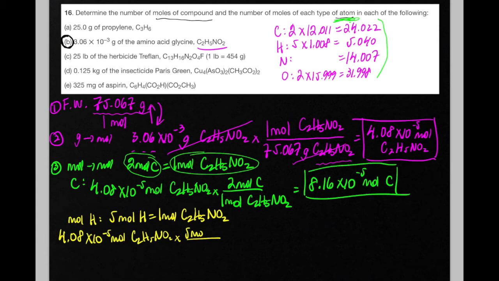Okay, and we want to position the 5 moles of H on top and 1 mole of the C2H5NO2 on the bottom. Okay, so 4.08 times 10 to the minus 5 times 5 is equal to 2.04 times 10 to the minus 4, and that's moles of hydrogen.